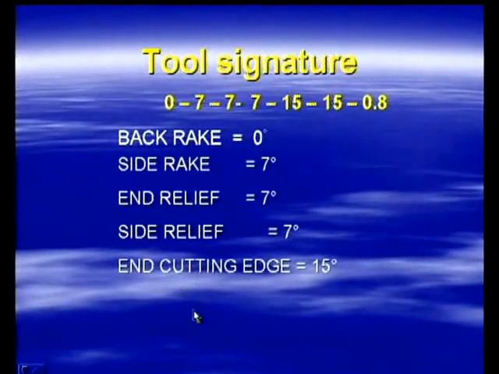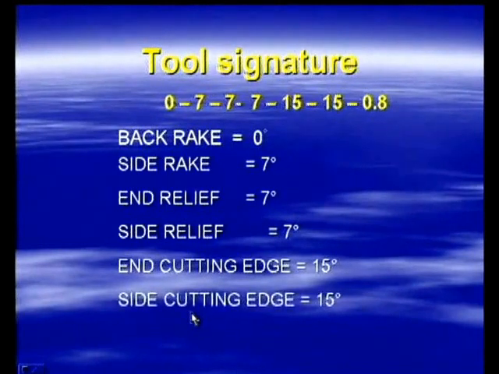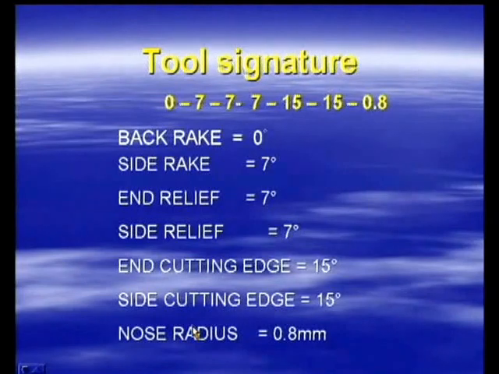The end cutting edge angle is 15 degrees, the side cutting edge angle is 15 degrees, and the nose radius is 0.8 mm. This particular order is called the tool signature. We have discussed it for the single point cutting tool, but tool signatures exist for all cutting tools, such as milling cutters, individually.